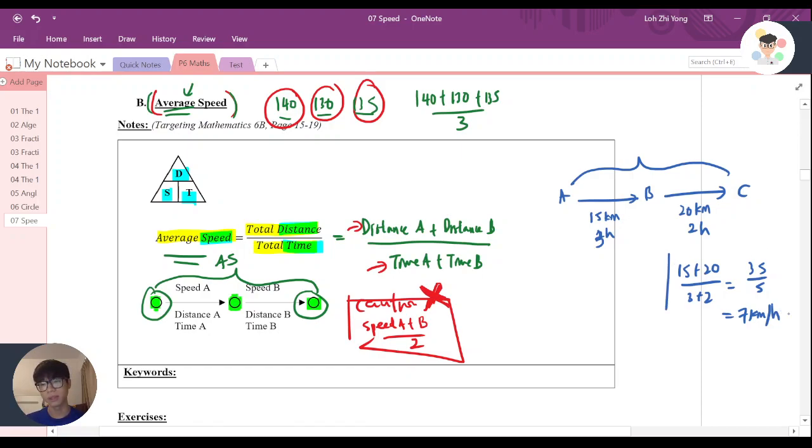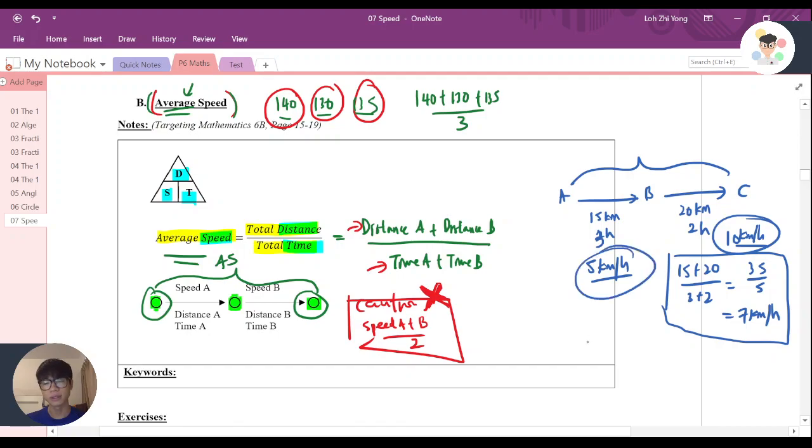This is the average speed. However, if you try 15 divided by 3, that is 5 km per hour. This is the speed, right? 20 km divided by 2 is 10 km per hour. Now, if I add 10 plus 5, then divide by 2, which is what you're not supposed to do, you get 15 divided by 2, 7.5 km per hour, which is different from what is expected.